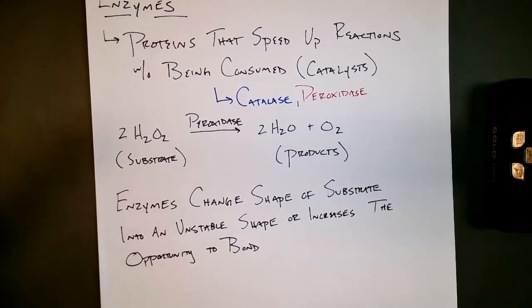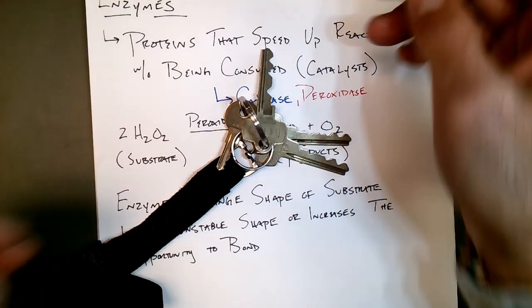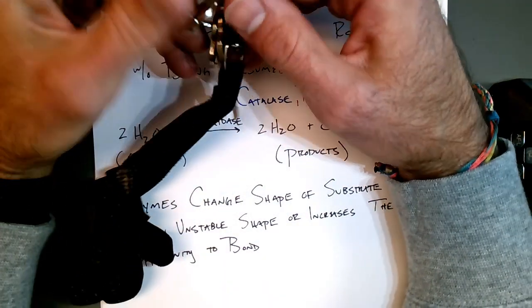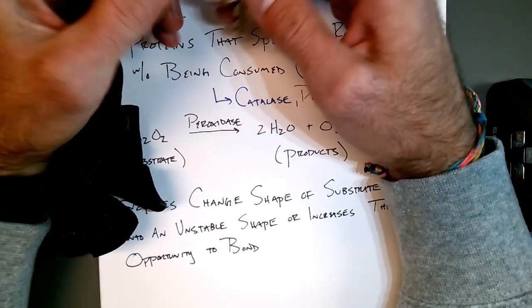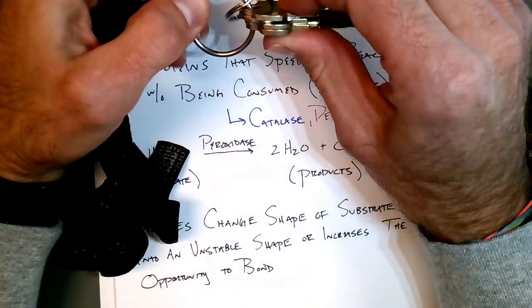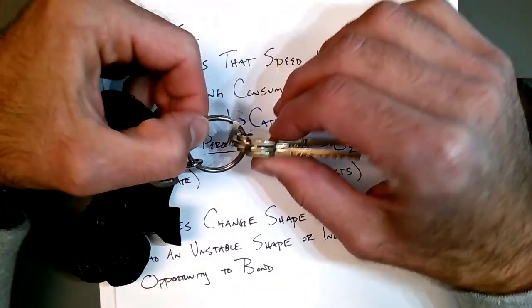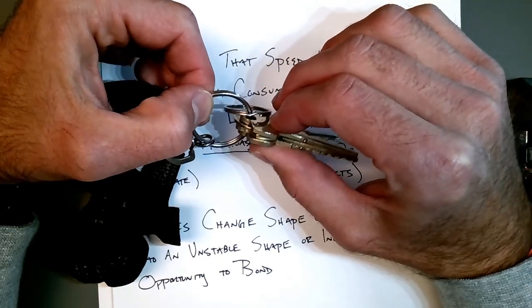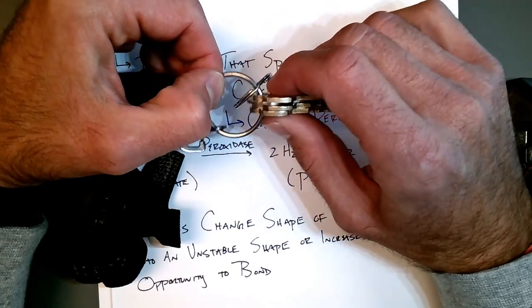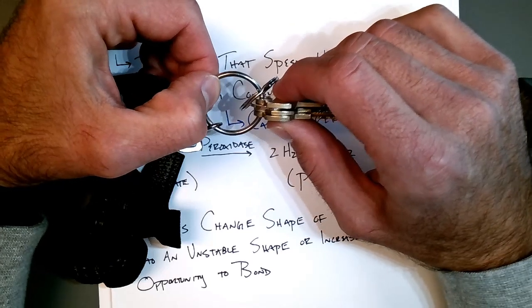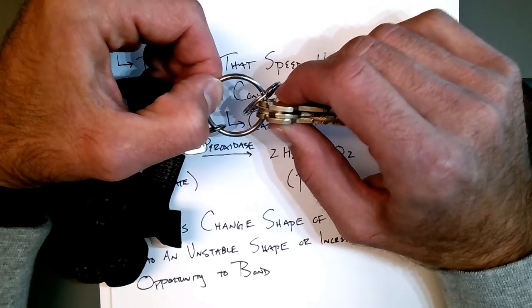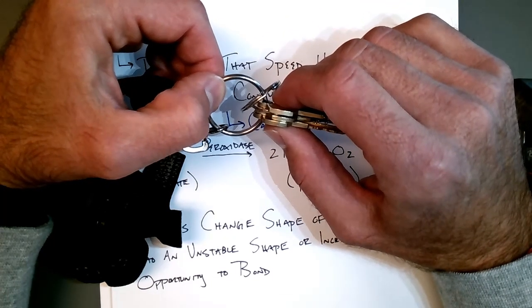So an example that I like to use is an example with just a key ring. Right, so again, if this is my substrate, this ring of keys, and if I try to pull these keys off this ring, this would take an extremely long time. Eventually the metal might get weak and eventually the keys might come off, but that would take a really long time.